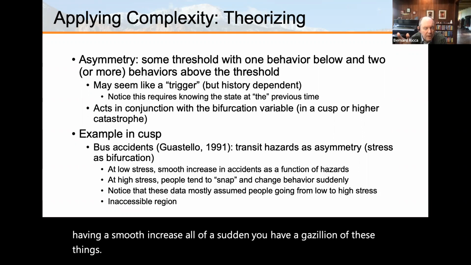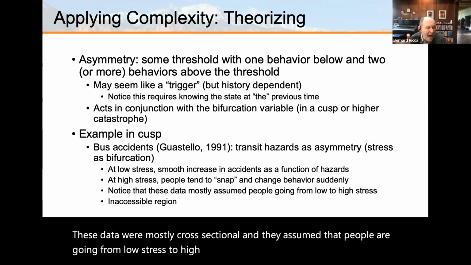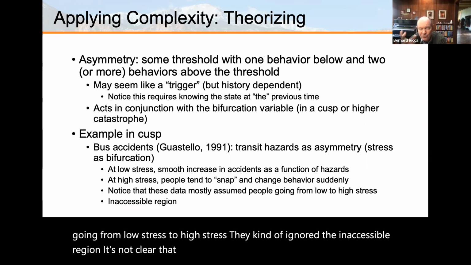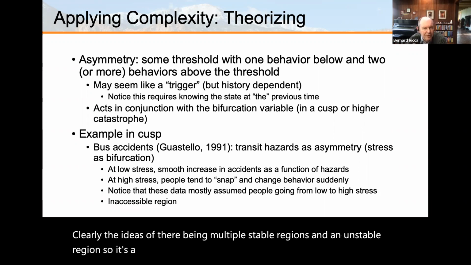Okay? Now, these data were mostly cross-sectional, and they assumed that people are going from low stress to high stress. They kind of ignored the inaccessible region. Okay, it's not clear that the inaccessible region was really dealt with clearly. The ideas of there being multiple stable regions and an unstable region. So it's a little bit iffy.